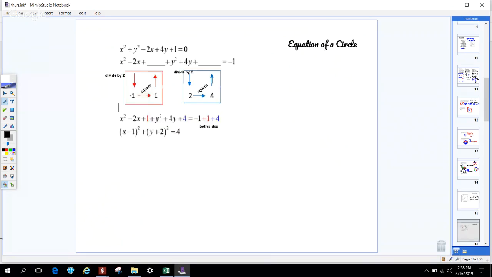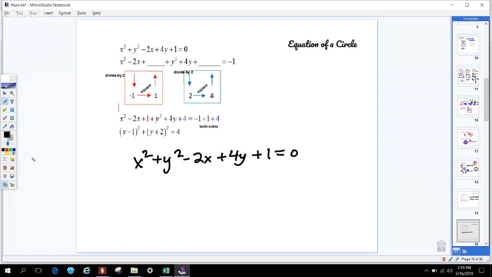Okay? All right, let's look at this one. Here, you are probably going to have a question that deals with this because it's a DOK 2 level question. So you have to remember how to complete the square 2 times. So it's written down for you so you can follow along, but I want to demonstrate it. It tells us x squared plus y squared minus 2x plus 4y plus 1 equals 0.